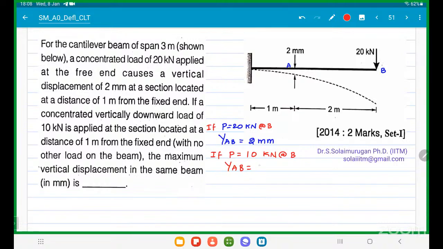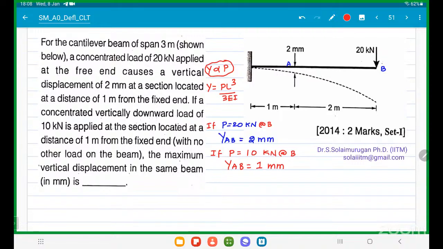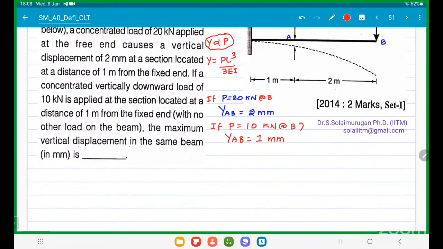Why? How do you say that? Sir, I know that deflection Y is equal to PL cube by 3EI. It means Y is directly proportional to P. That is why I said this answer.